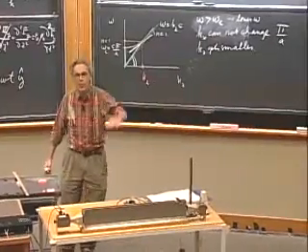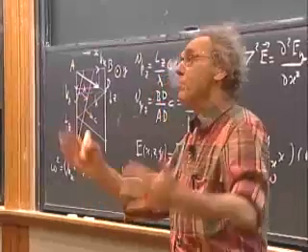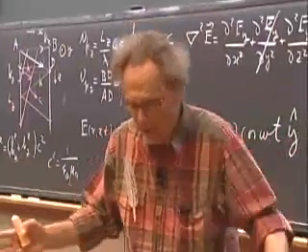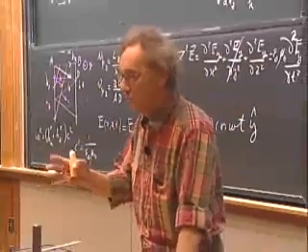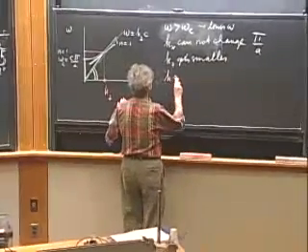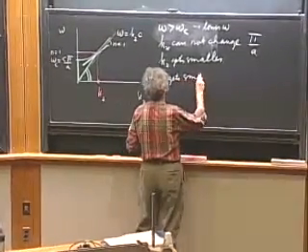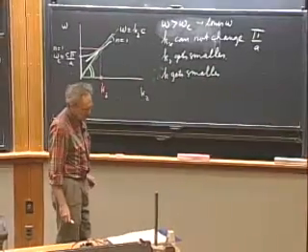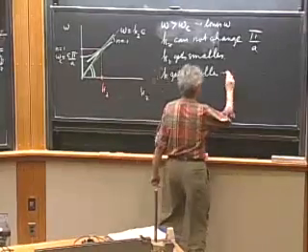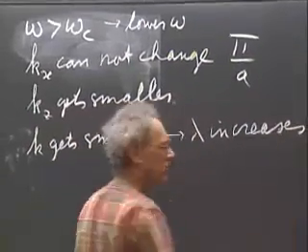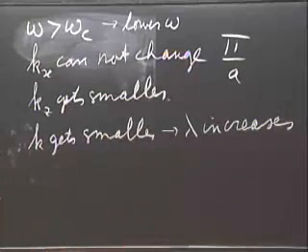So clearly, if omega comes down, k must come down. And that means kz comes down in this case, because kx is not going to give up. And so k gets smaller. And if k gets smaller, then of course lambda increases, because lambda is 2 pi over k.